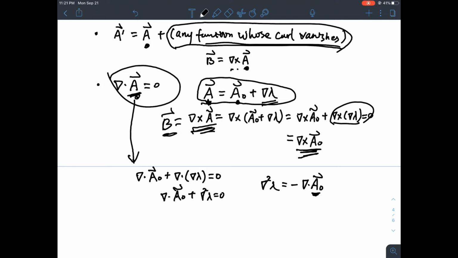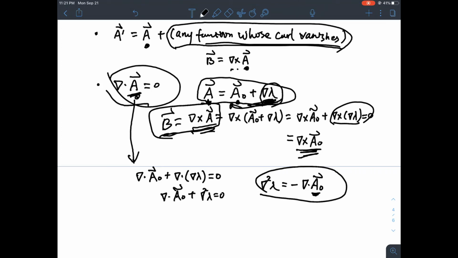If we find an A0 that satisfies this, we can add the gradient of this lambda function, which satisfies this equation, to A0, and the new A becomes divergenceless. That will simplify our equations.